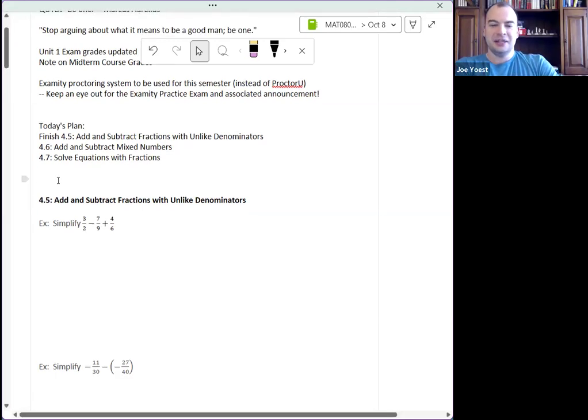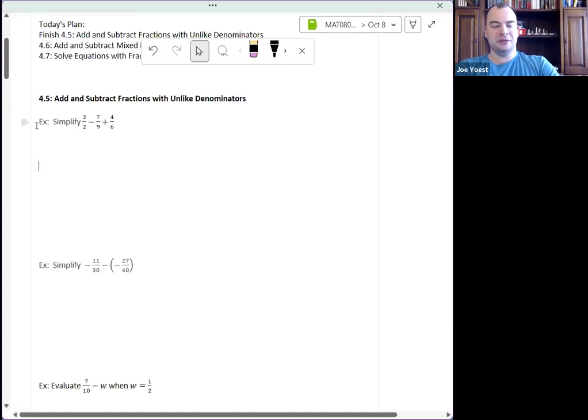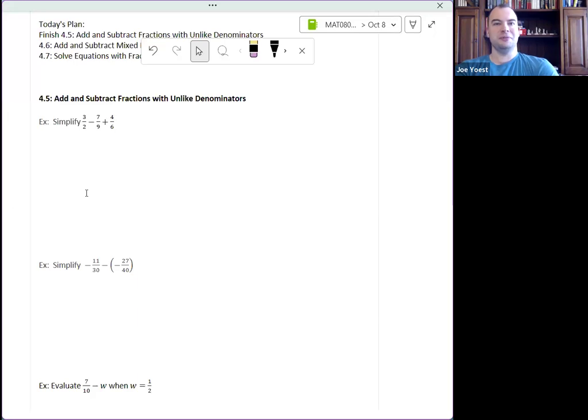All right, so moving on to 4-5, adding and subtracting fractions with unlike denominators. We're actually going to go back, and we worked through quite a few problems on this topic last time, but we're going to do a couple more of those problems. Just because when we have a complex topic, I usually like to split it up over 2 days.